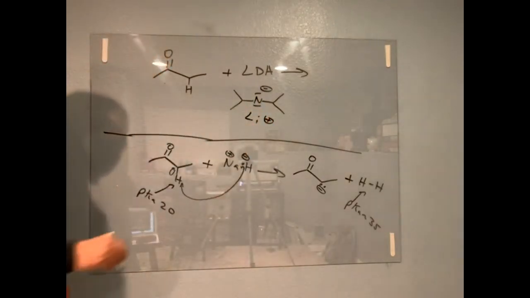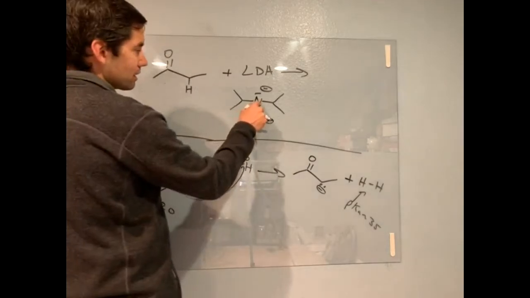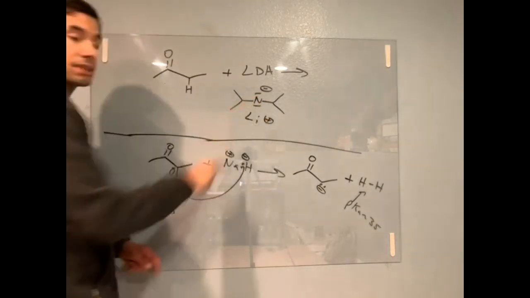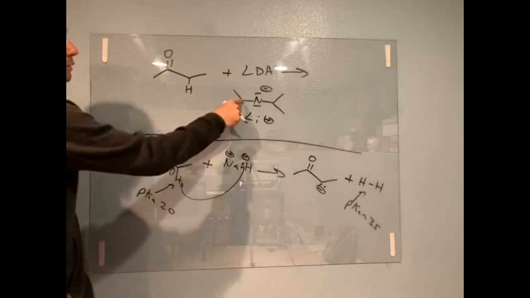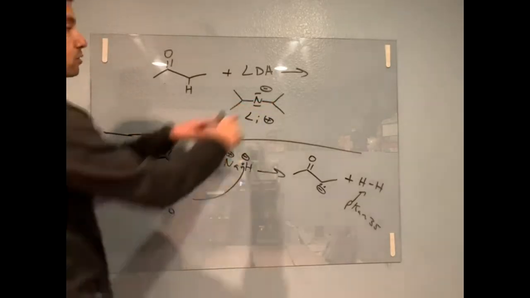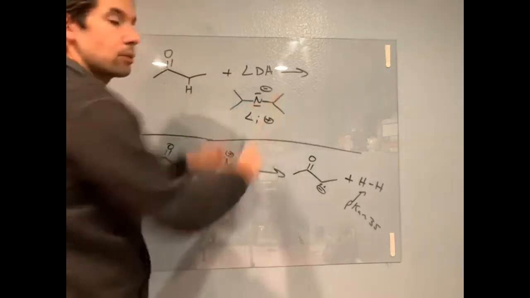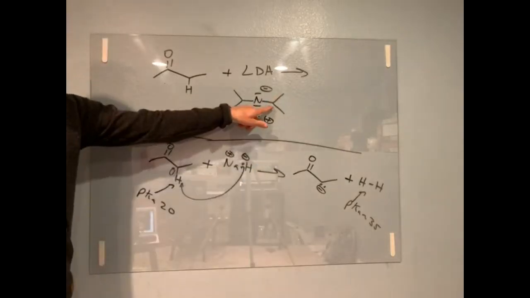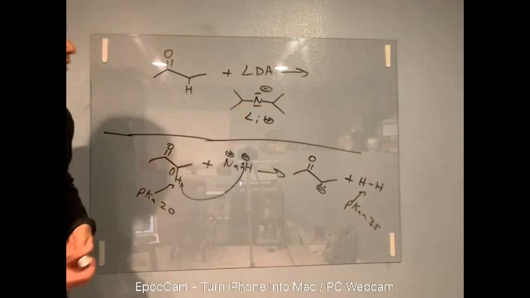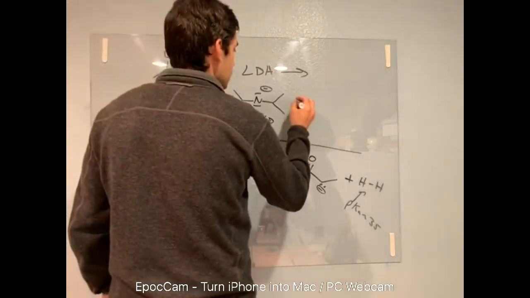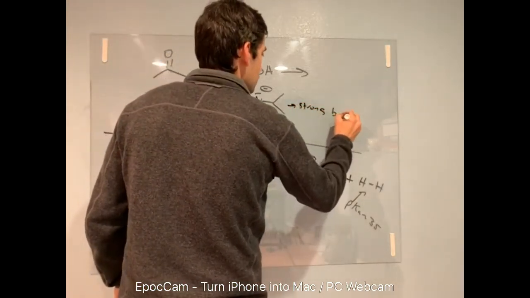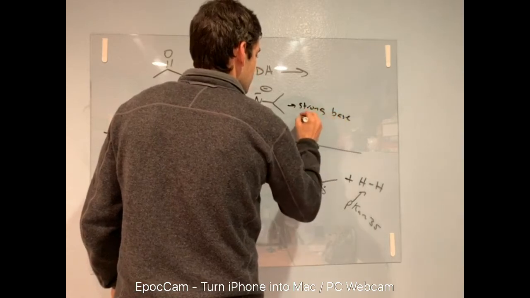Now, what's interesting about this base is that we have the nitrogen here, it's negatively charged, right? So this is where it's going to take the proton from. But also, look what's attached to that nitrogen. We have two isopropyl groups in there, right? And we know about this already: having these groups attached to nitrogen, these are going to be our bulky groups, right? By having our bulky groups here, that's going to block it, so it's going to be a strong base, and then it's going to be a what?